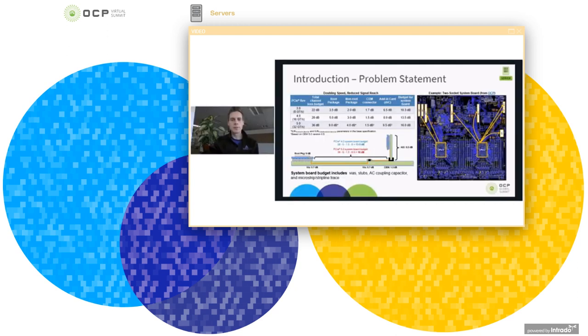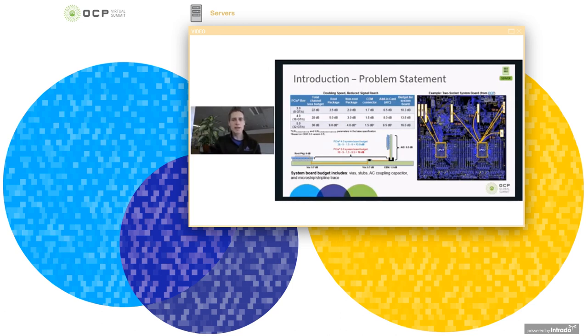The problem statement that we're addressing in this presentation is one of signal integrity. Going from PCI Express Gen 4 at 16 gigatransfers per second to Gen 5 at 32 gigatransfers per second, the PCI Express standards body has increased the channel loss budget from 28 dB, as shown in the table on the left, to 36 dB.